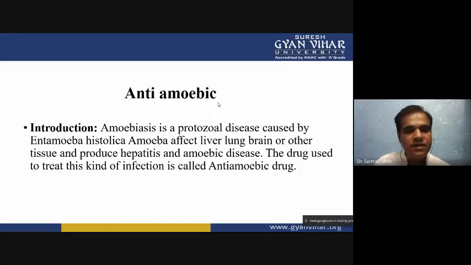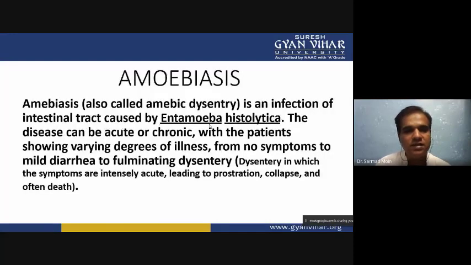Primarily it is effective on the intestine, and later, in secondary infection, it affects nearby organs like the liver and kidney and then travels to other tissues, producing hepatitis and amoebic disease. The drugs used to treat this kind of infection are called antiamoebic drugs. Antiamoebic drugs are used not only for amoebiasis but can also control other protozoal diseases.